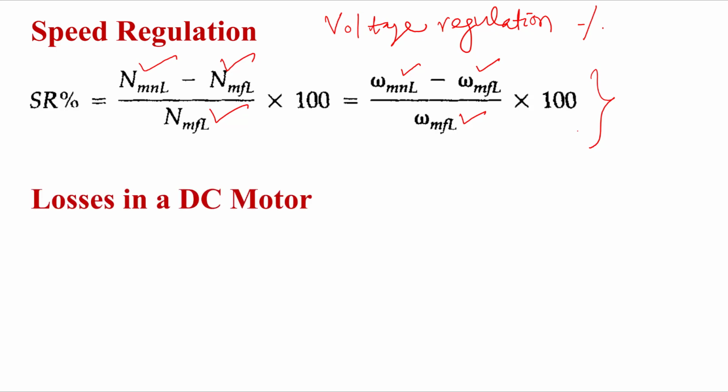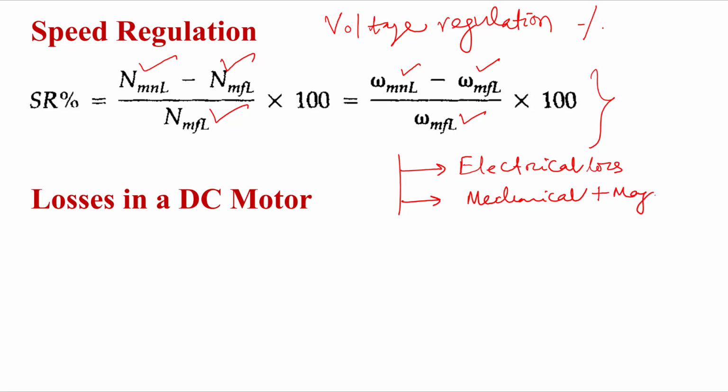Now I'll talk about the losses in the DC motor. Already we have seen this in case of the DC generator, right? So in case of the DC generator, what are the losses we have studied? We categorized them into one, your electrical loss, and the other, your mechanical loss, right? Mechanical loss plus magnetic loss, you can say.